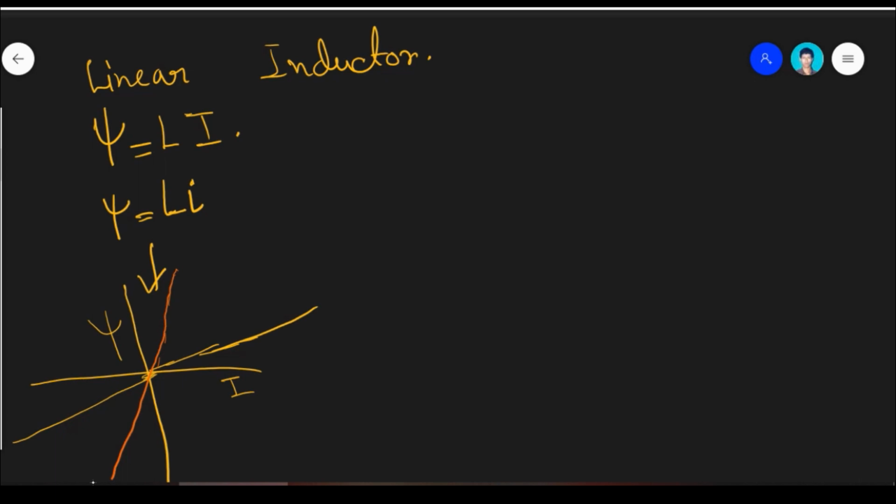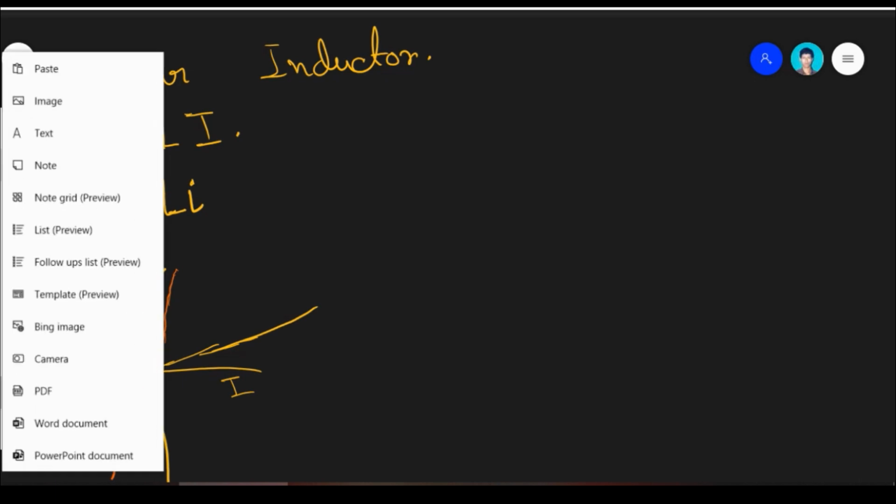That is known as the saturation problem. So what was its pictorial representation?